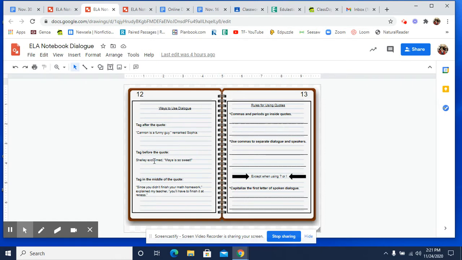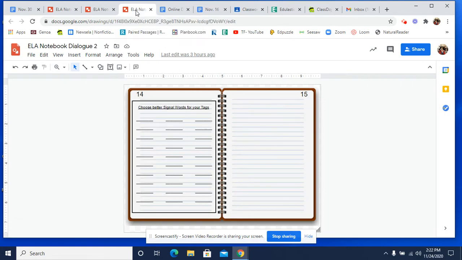For the ways to use dialogue, there is nothing that you have to write on there, but page 13, the rules for using quotes, you do have to write on. So I would fill that out first and then glue it on. But I'm just going to show you where you're going to glue everything first, and then I'm going to make it bigger to actually go over how we're going to complete it.